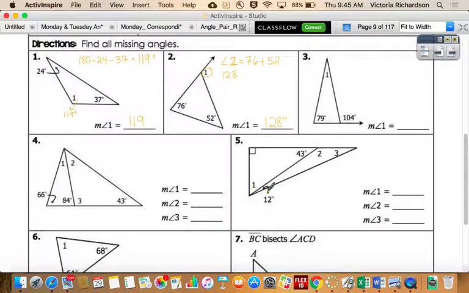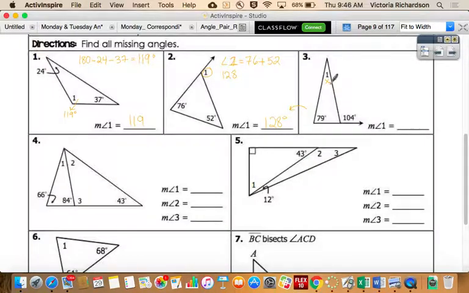On number 3, we don't have the right information to do the problem the way that we did it in number 2. So we've got to think about it a little bit. So the side that we're missing, which is angle 1, we're going to call that x. Remember, you're going into algebra, so we've got to start using x for things and learning how to solve for x for simple problems so that when we get to algebra, the harder problems aren't so hard.